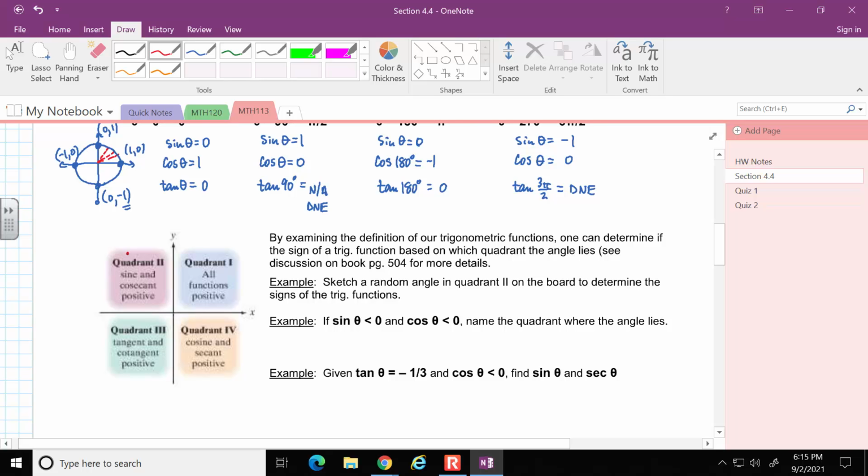On the unit circle, I've got a point up here. That x coordinate is negative, right? The y coordinate is positive. So sine is positive, cosecant is positive. Cosine is negative. Secant would be negative then. So tangent is sine over cosine, so it would be a positive over a negative, so it's also going to be negative.